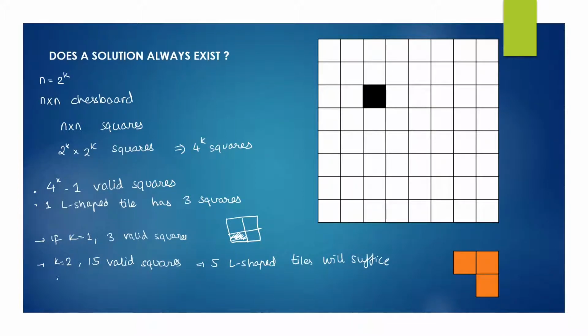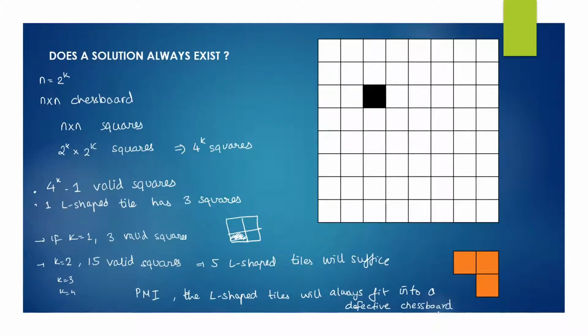So similarly, for k equal to 3, k equal to 4 and so on, you will see that by the principle of mathematical induction, the L-shaped tiles will always fit into a defective chessboard.